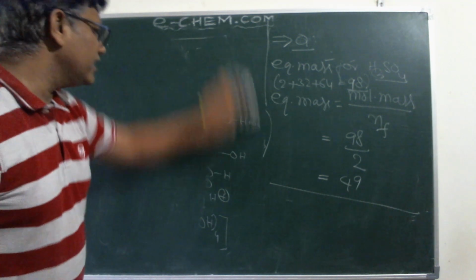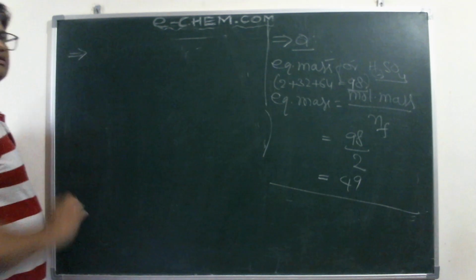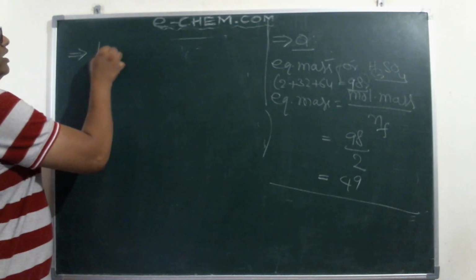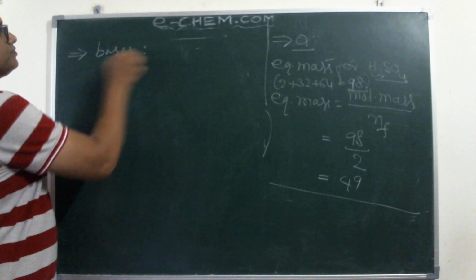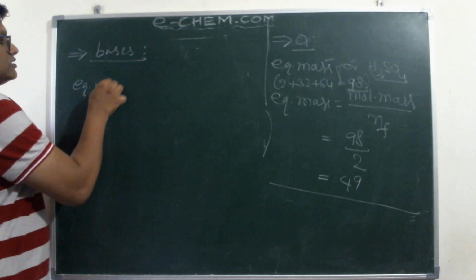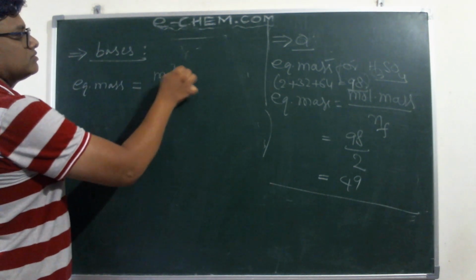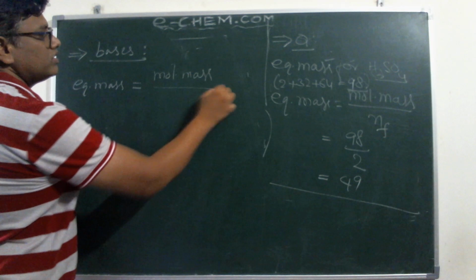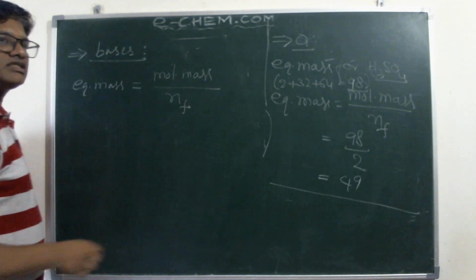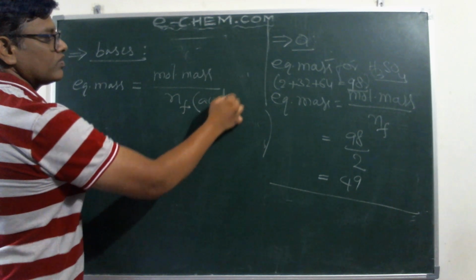that is a base. Let's calculate the equivalent masses for bases. The equivalent mass for bases is equal to the molar mass of the base over n factor. Here the n factor of the base is taken as the acidity of the base.